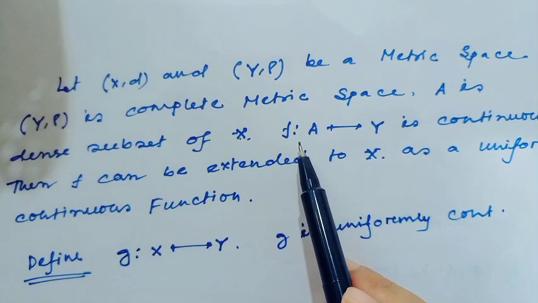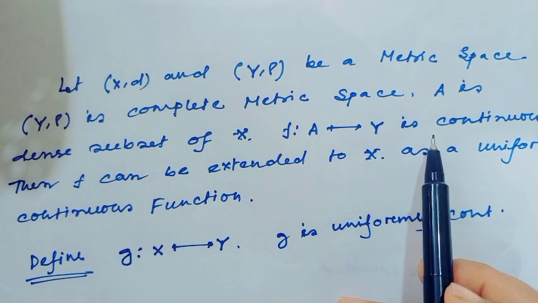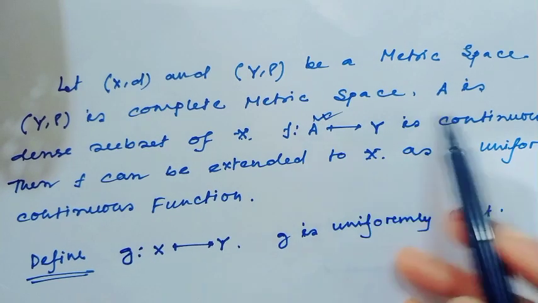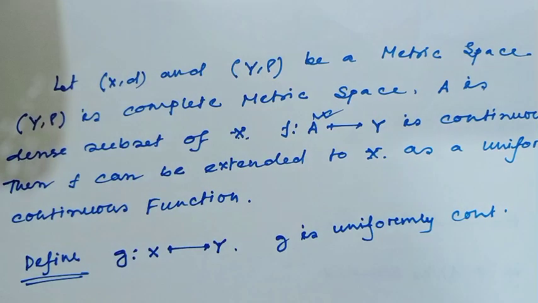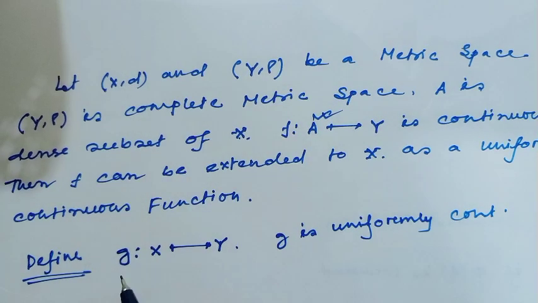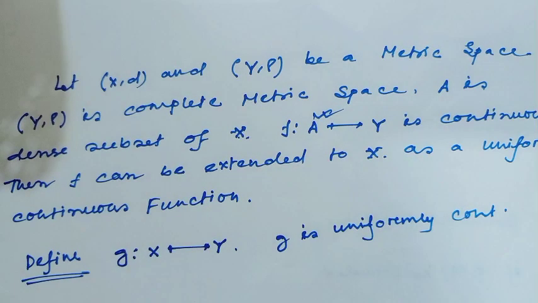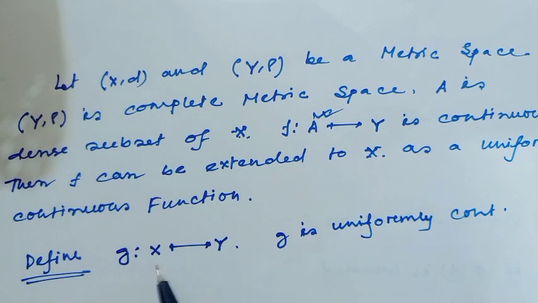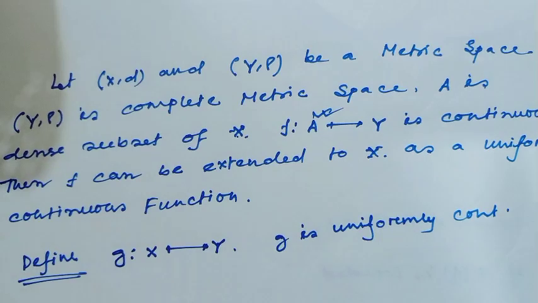Given the mapping f, which is defined from A to Y and is a continuous function, and where this A is a dense subset of X, we have to prove this f can be extended to a new function g which maps from X to Y. We have to prove g is uniformly continuous.